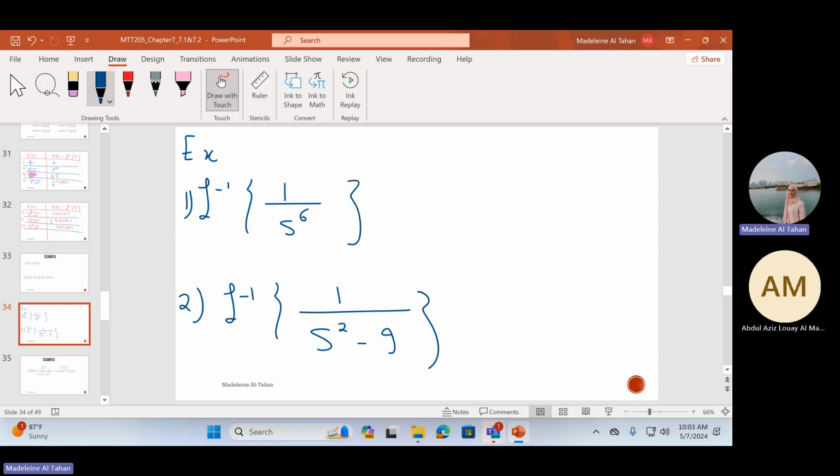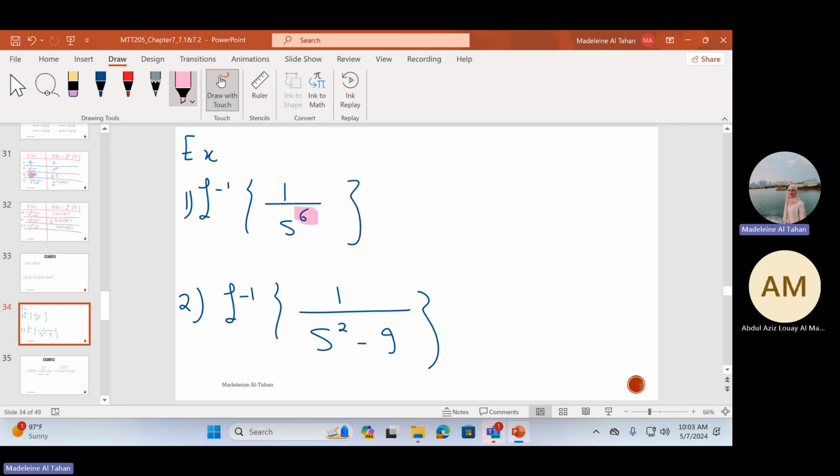Please start with these ones, compare them to the tables that you have. One over 6.